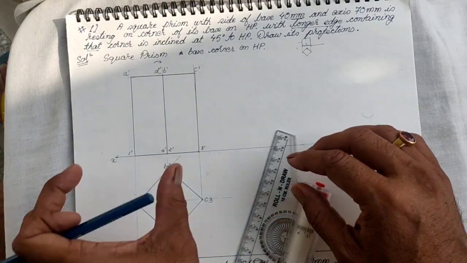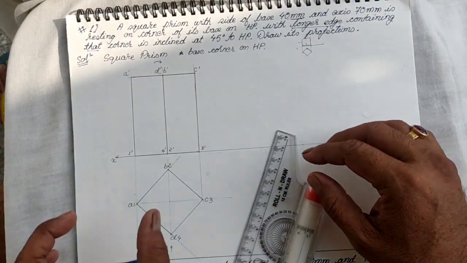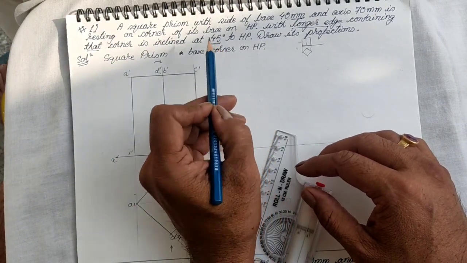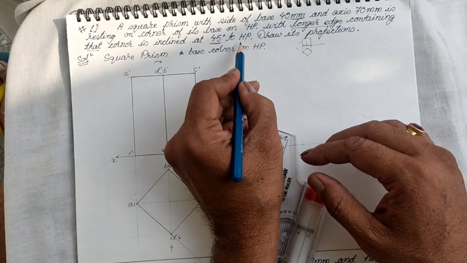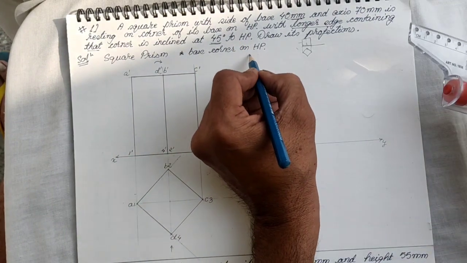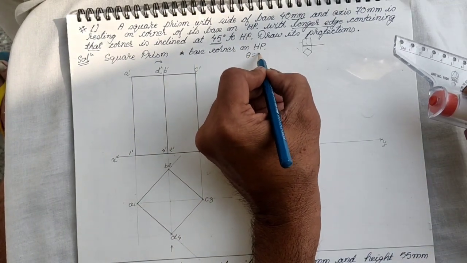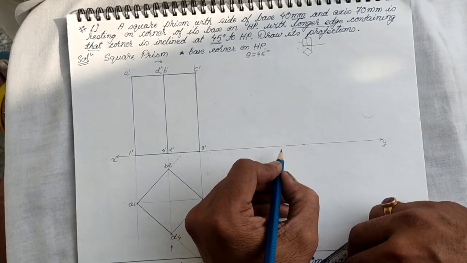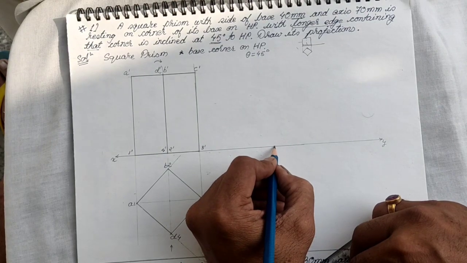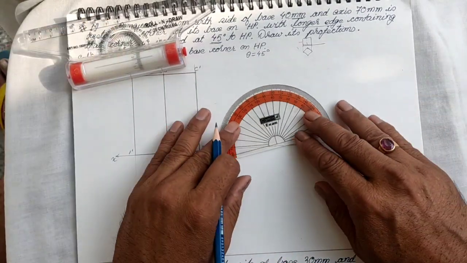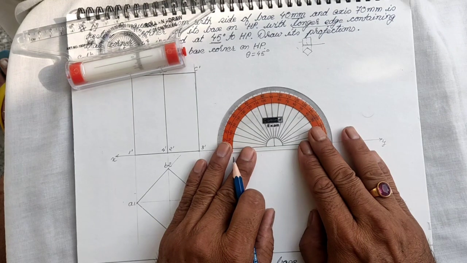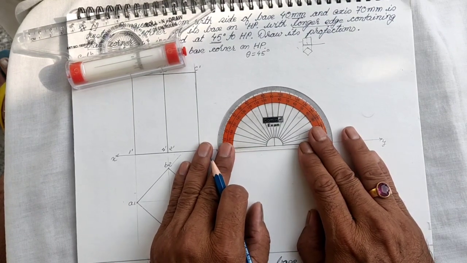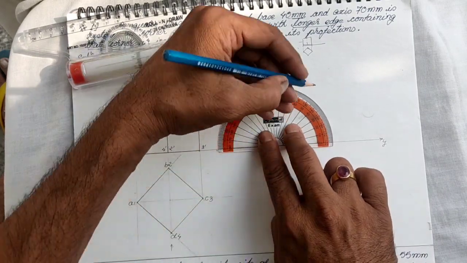The only thing is that the solid is getting tilted by the given inclination, that is 45 degrees. Inclination to HP, that means in this case theta of the axis is given as 45 degrees, right? So we move ahead and mark one point, and we measure 45 degrees from here. Again, in case of a solid, we cannot superimpose the drawings.